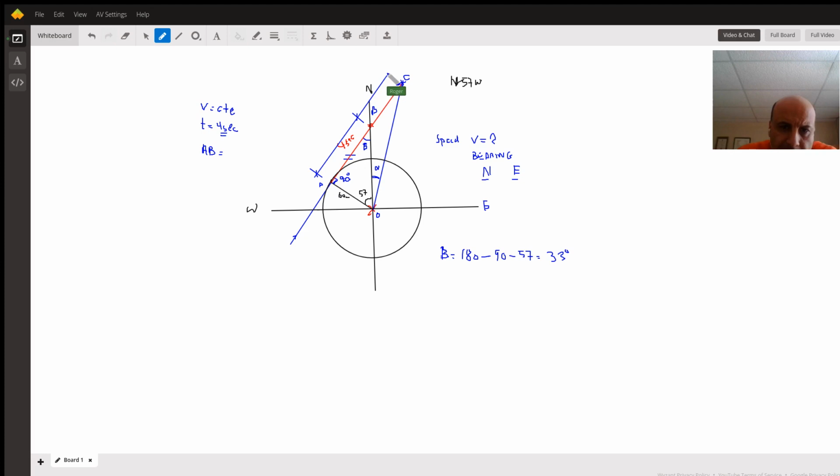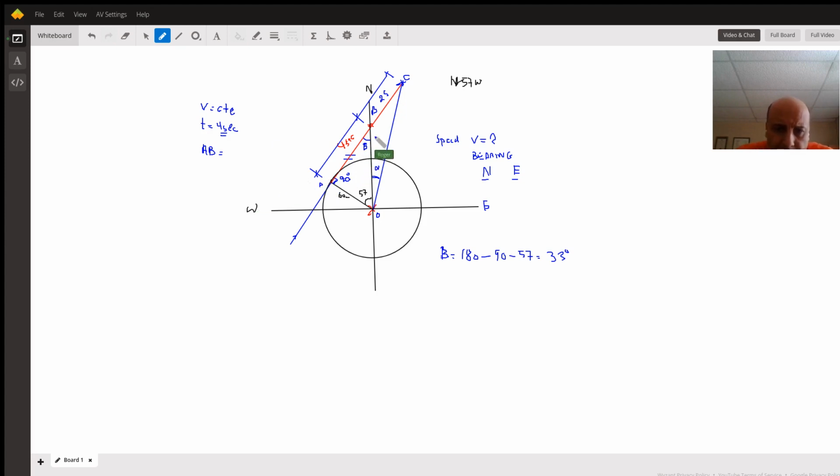And this is easy to find. Why so? Because it took you 2 seconds to hit it, the flight time was 2 seconds. We know the time. So if you know the time and you know the velocity, you can determine the distance, right?